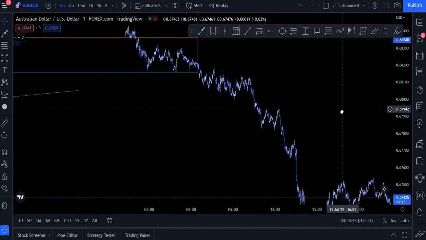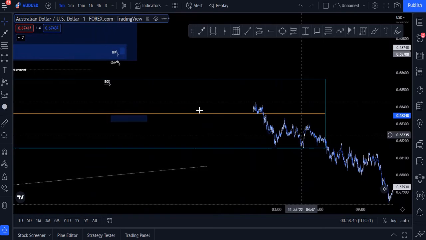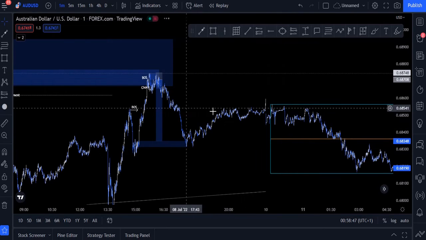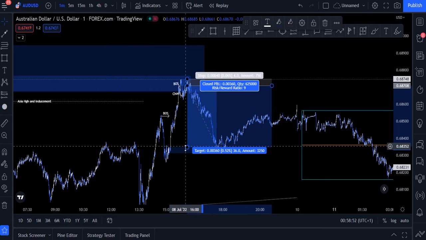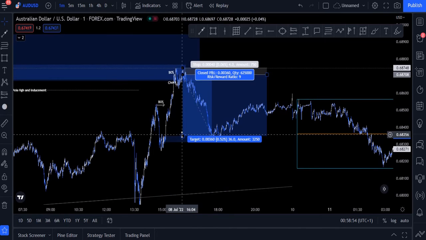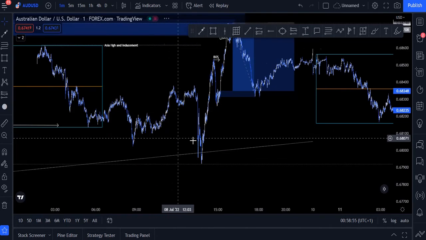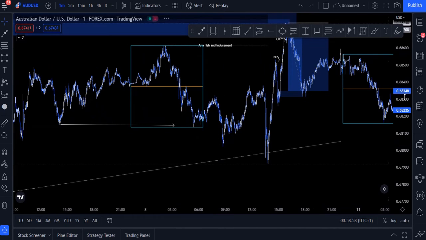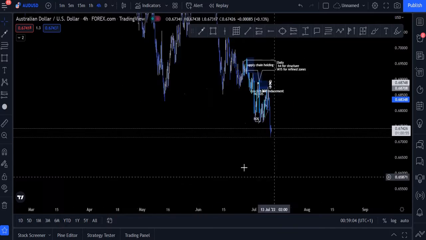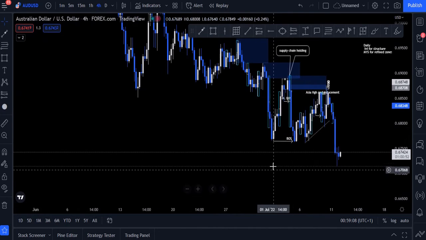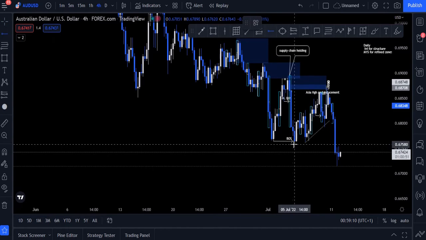So that's what I did. So I entered, and this was my first target. Took out 30% here, then left the rest to swing, and I targeted the weak H4 low, which was this low here.